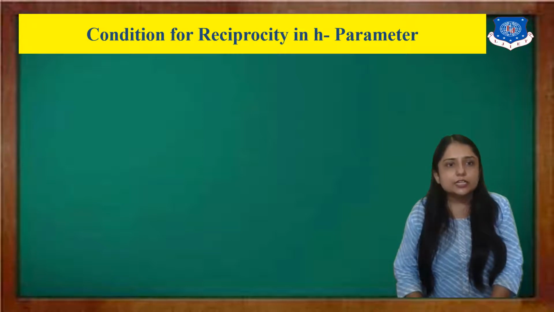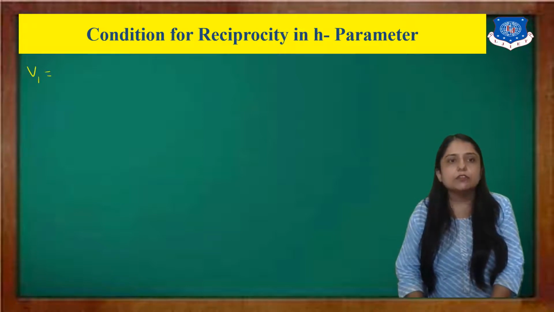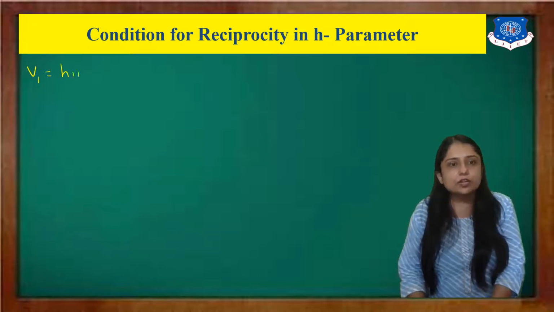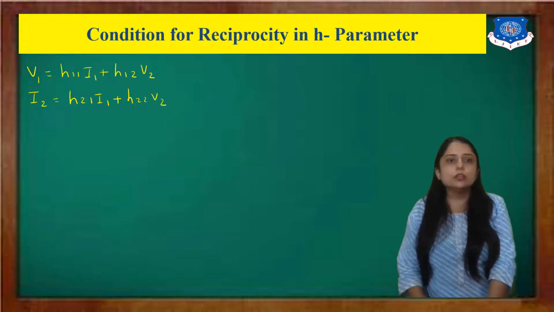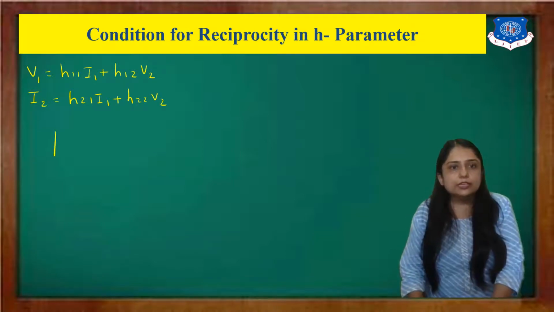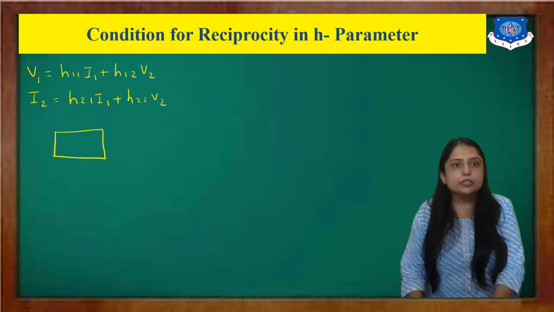So first I just write the equation, that is V1 equal to H11 into I1 plus H12 into V2 and I2 equal to H21 into I1 plus H22 into V2. Now, like in Z parameter, Y parameter, here also I am just considering one network.